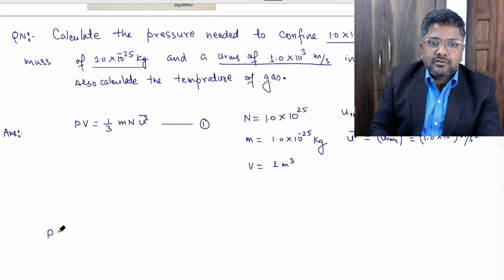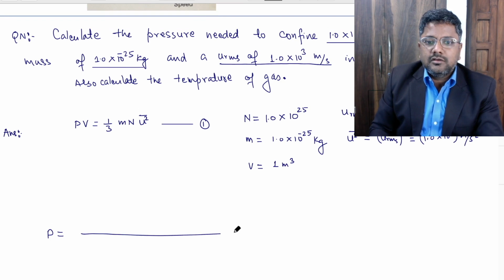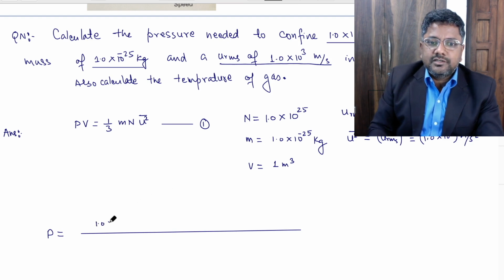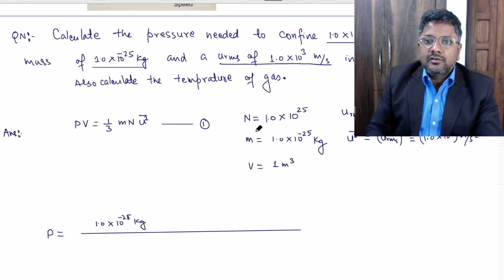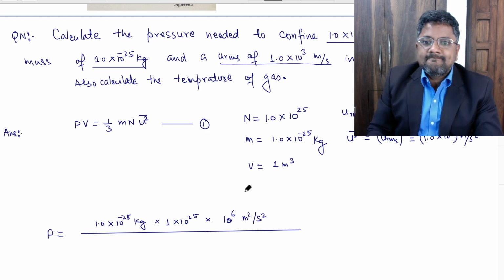So now see, P is equal to small m, 1.0 into 10 to the power minus 25 kilogram, and N, 1 into 10 to the power 25, multiplied by 1 into 10 to the power 6 meter square per second square, divided by 3 into 1 meter cube, right?